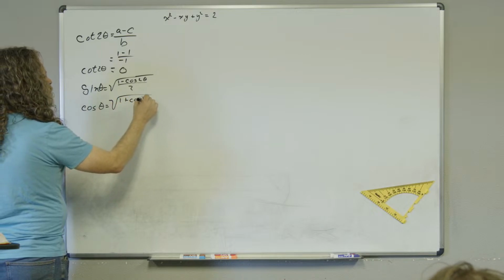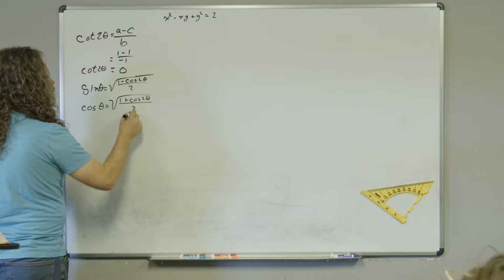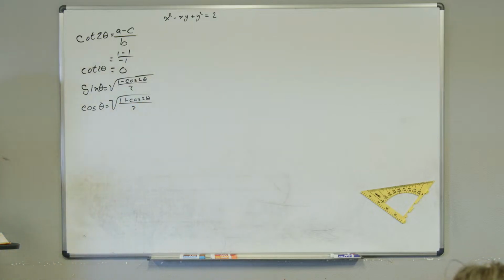We have to find, we draw a triangle, right? To find the cosine 2 theta.